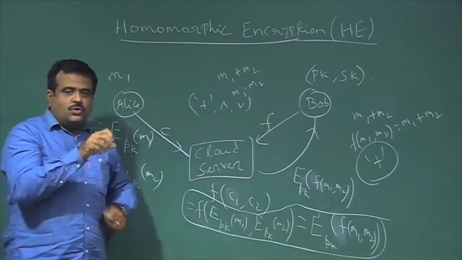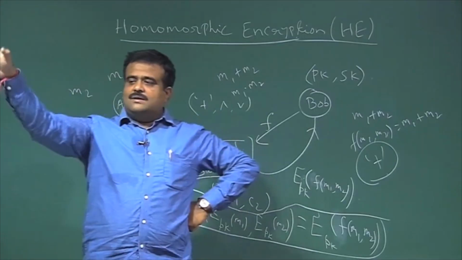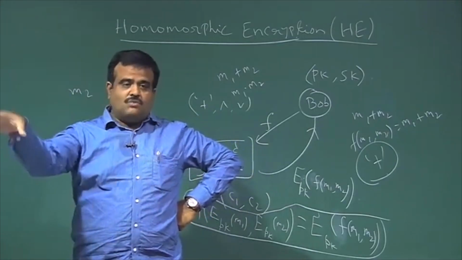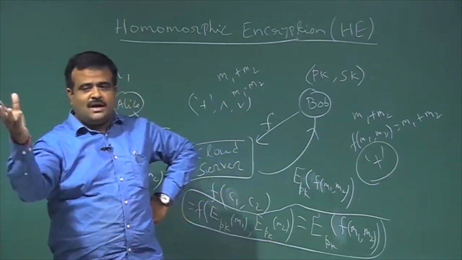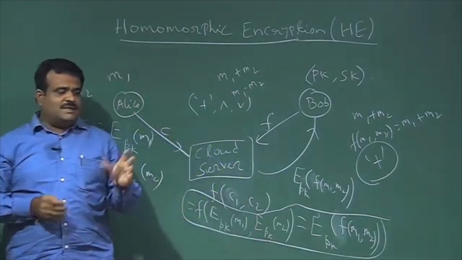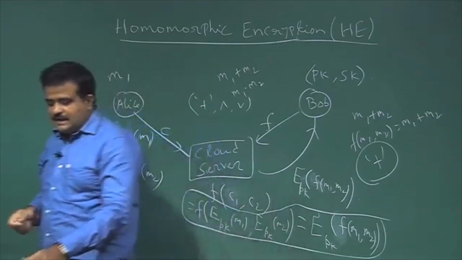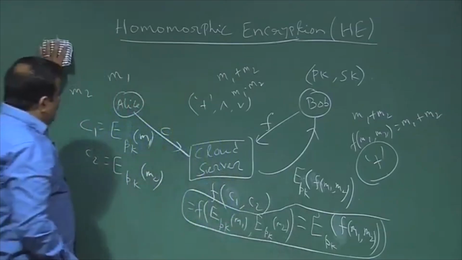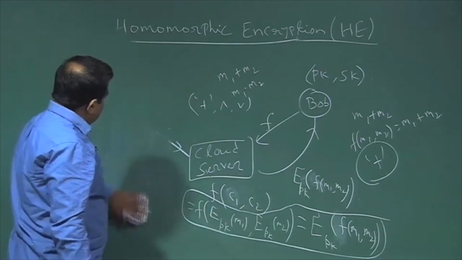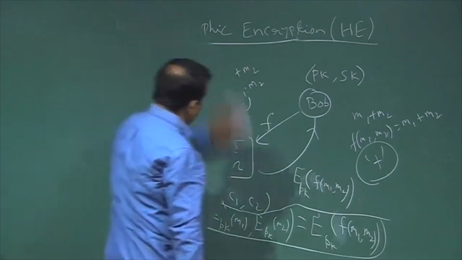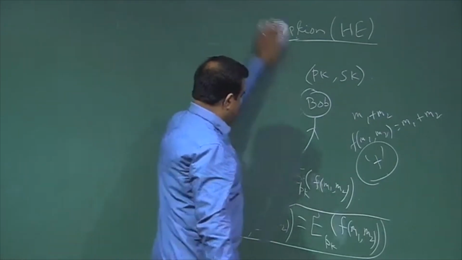We are doing this computing at the cloud server and getting f of m in an encrypted way, so that only Bob can get f of m. And homomorphic encryption has another application in the area of PIR, private information retrieval.